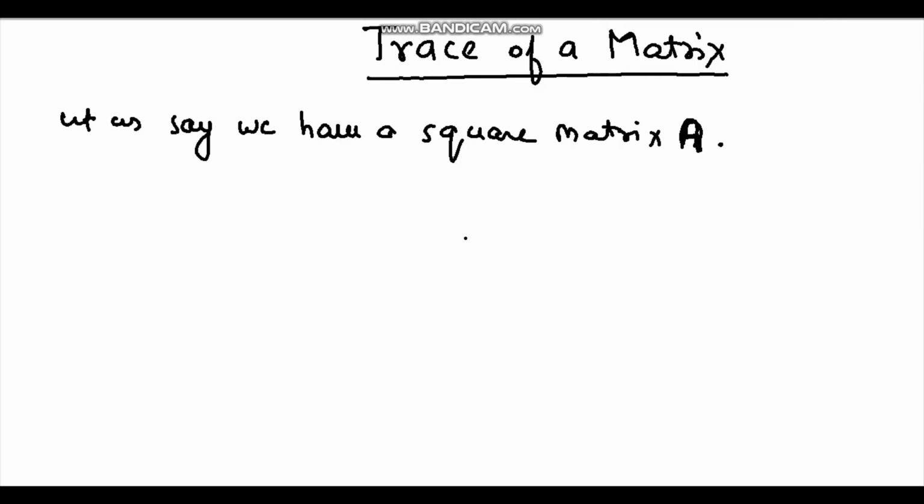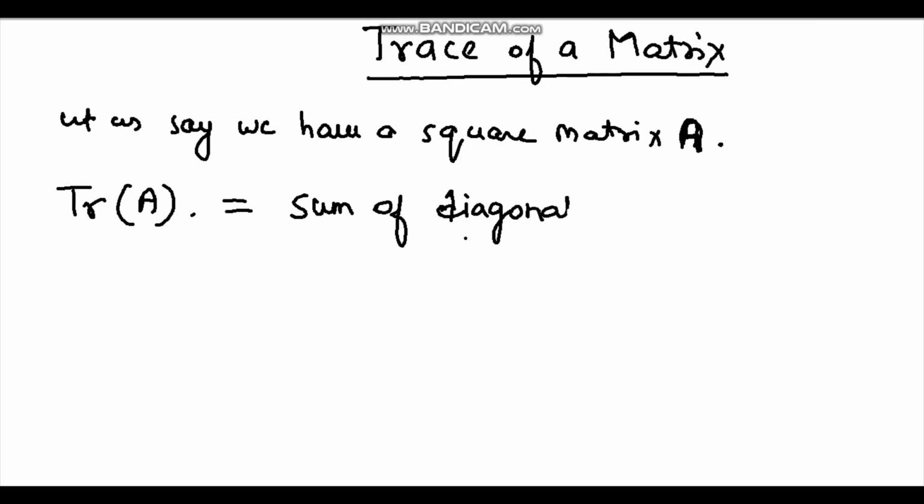Let us say we have a square matrix A, then trace of a matrix is denoted as TR of A. Trace of a matrix is nothing but the sum of diagonal elements of a square matrix.